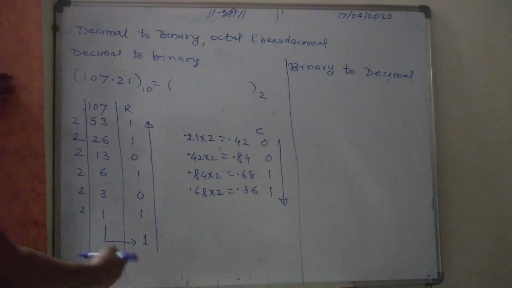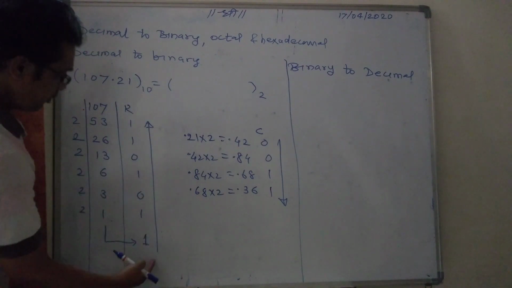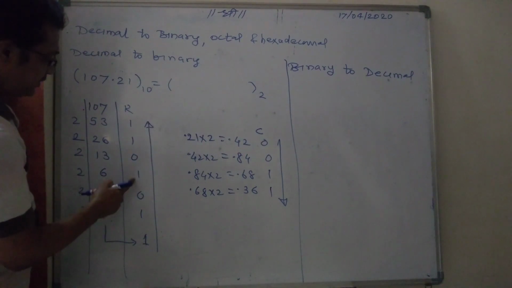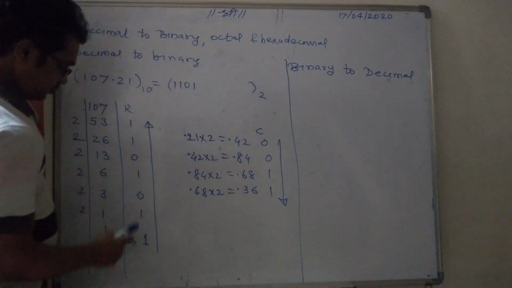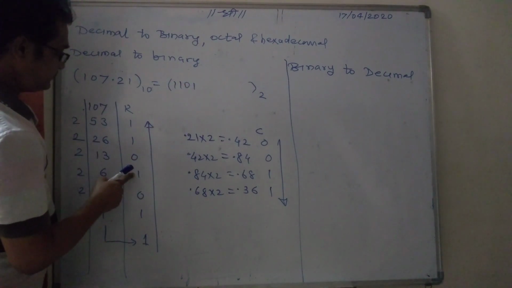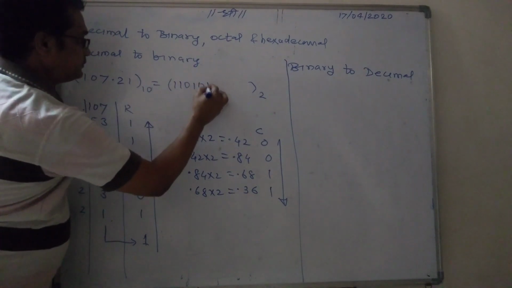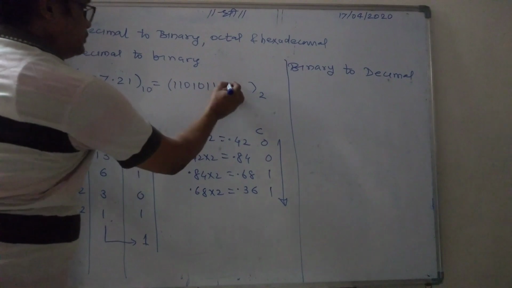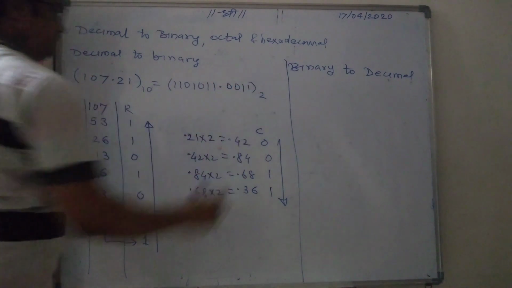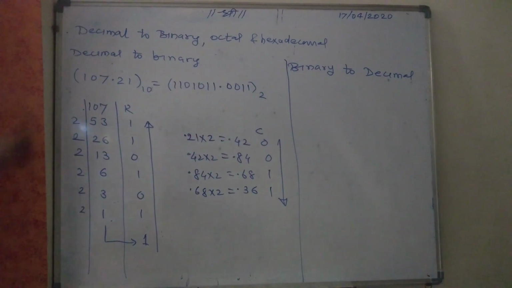So I will write this number from bottom to top: 1101011 point 0011. So this is conversion of decimal number to binary.